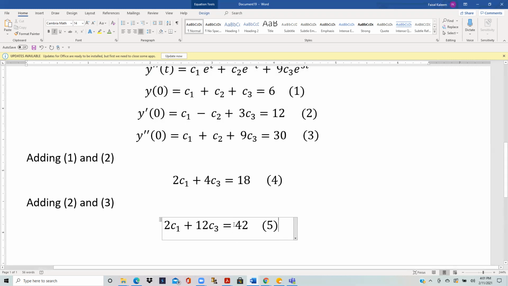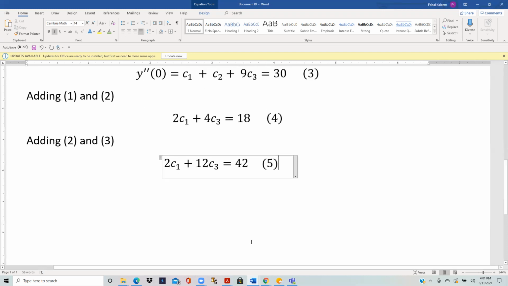Now, if you subtract 4 from 5, you will eliminate the C1 and you will get C3.